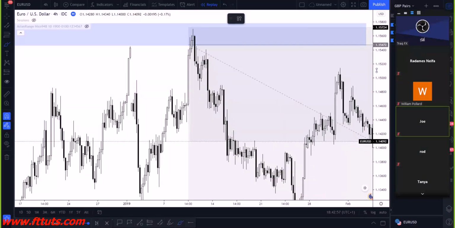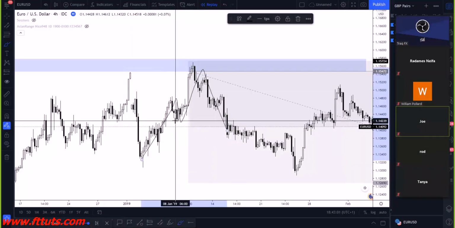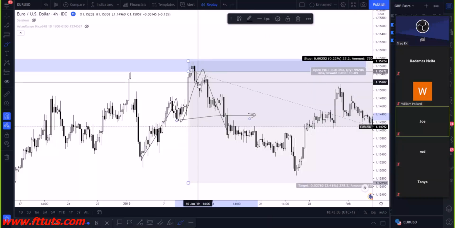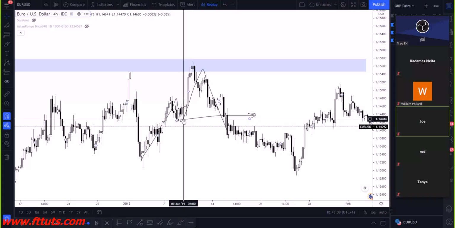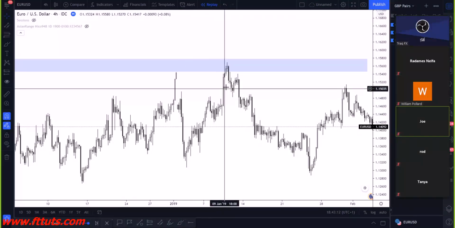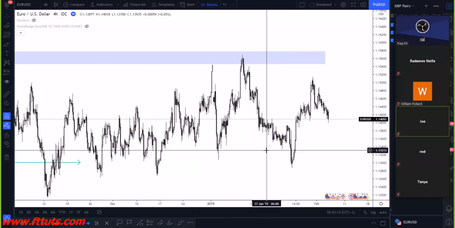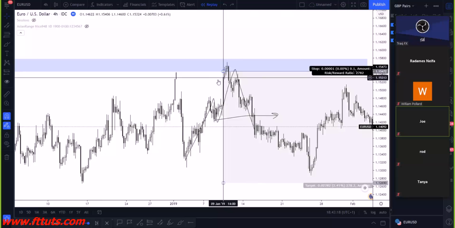We see right over here, price was creating this bullish structure. Once we see price broke this previous higher low, that's your signal to take 50% off and move your stop loss to break even. That's my philosophy. Once we see price break structure and we see that momentum is going down, take 50% off and move your stop loss to break even.